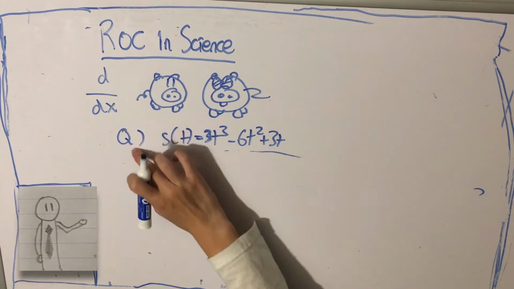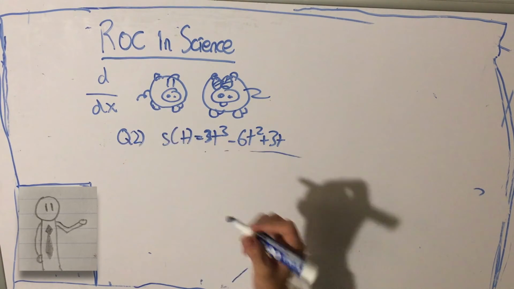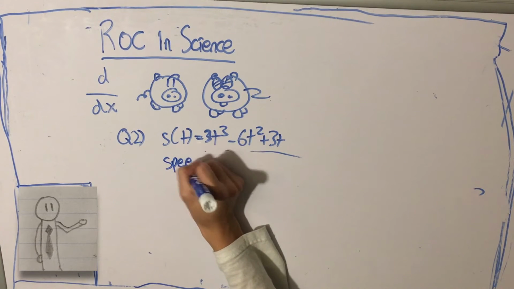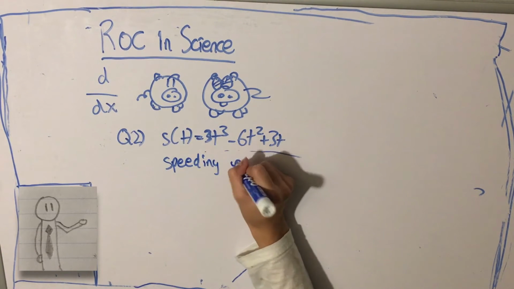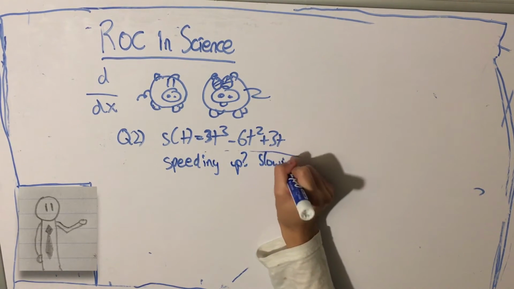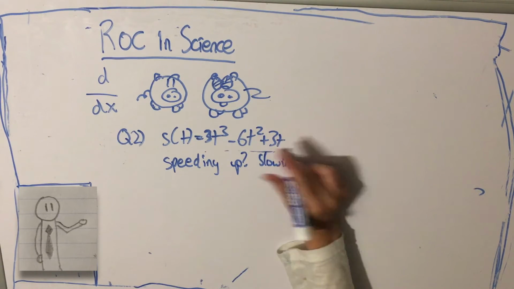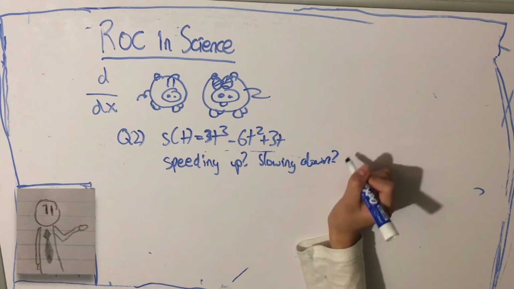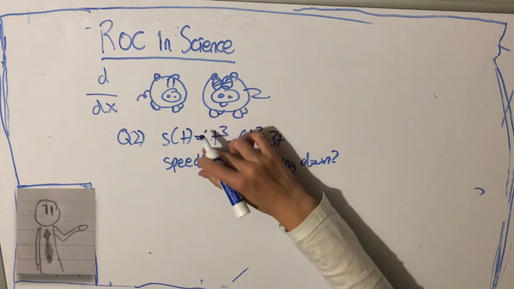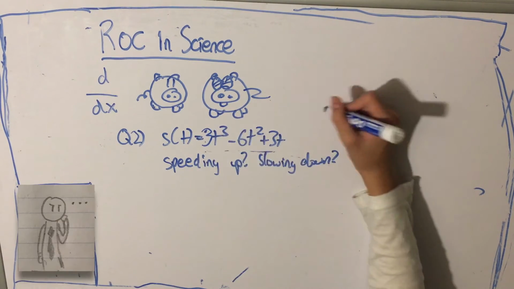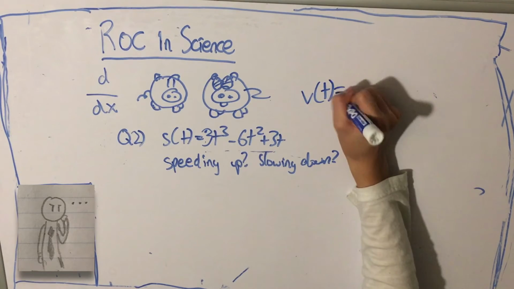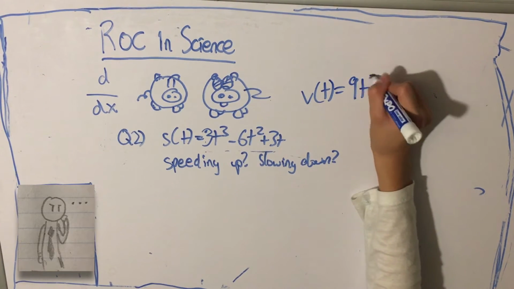Question number 2. Given such conditions, when is it speeding up and when is it slowing down? Well, we already have the position function here, and the velocity function we got just now.